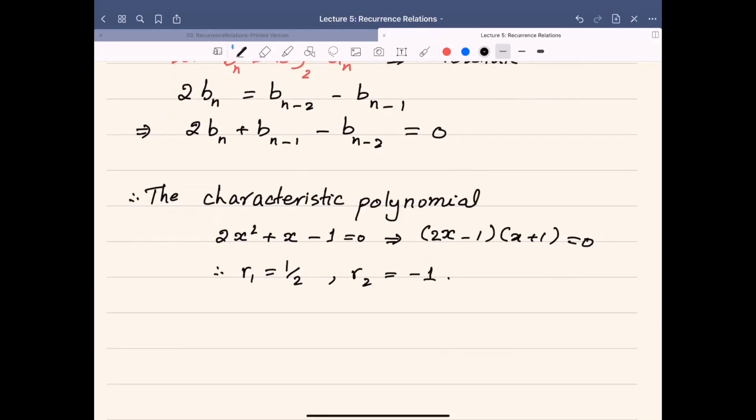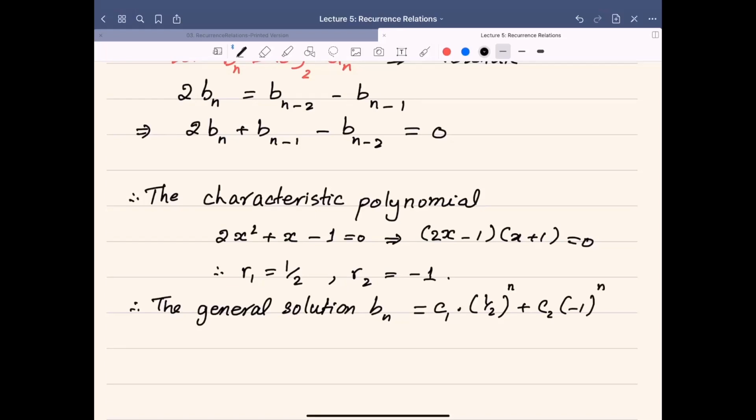So the general solution of b_n, not a_n, is equal to C1 times (1/2) raised to power n plus C2 times (minus 1) raised to power n.